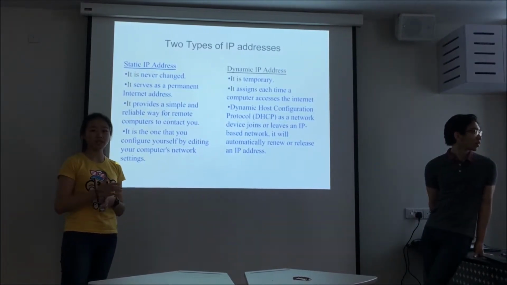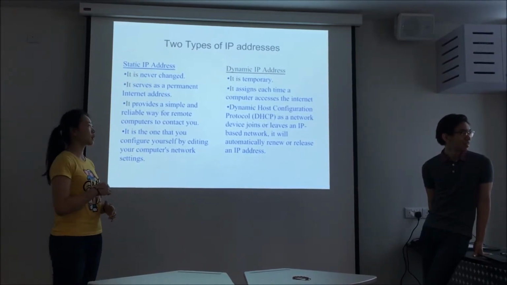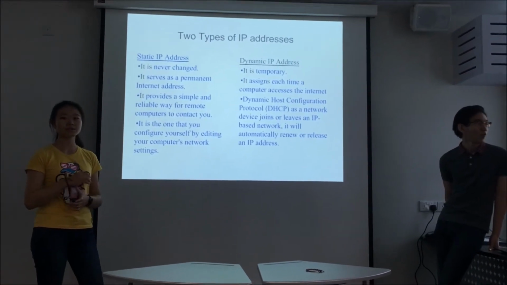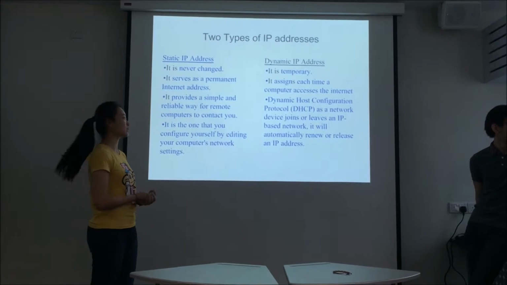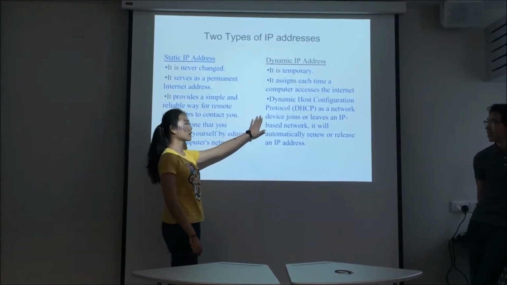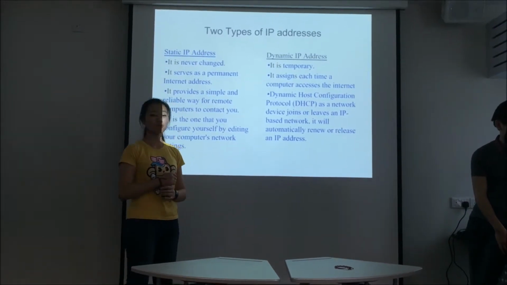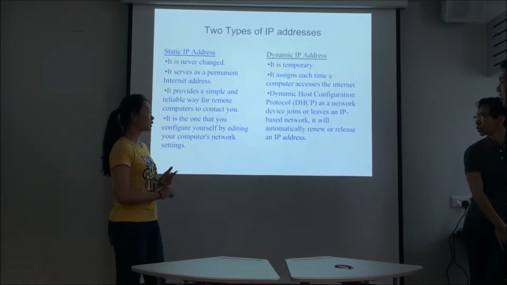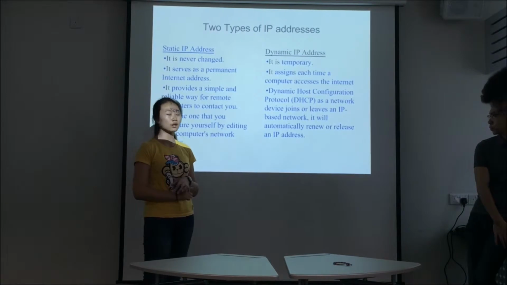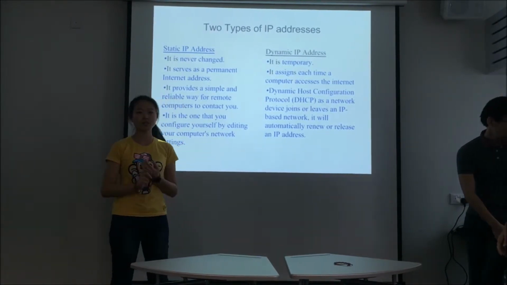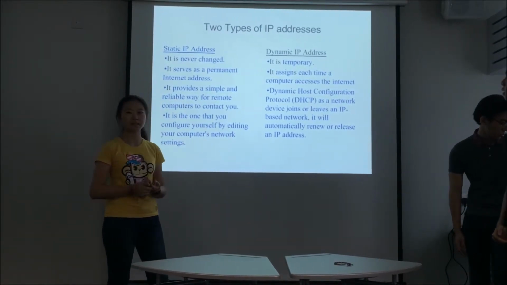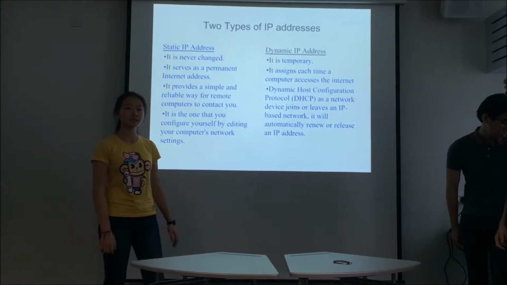It will change once you use your computer to access the internet. And this one is the Dynamic Host Configuration Protocol. It is a network device that joins or leaves an IP based on the network. It will automatically assign or release an IP address for your computers.